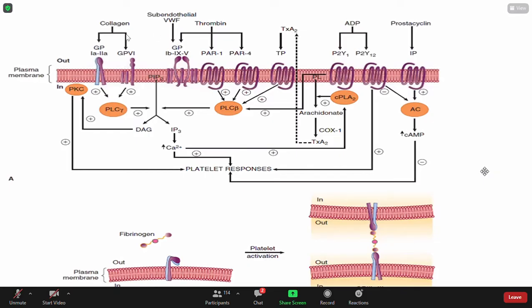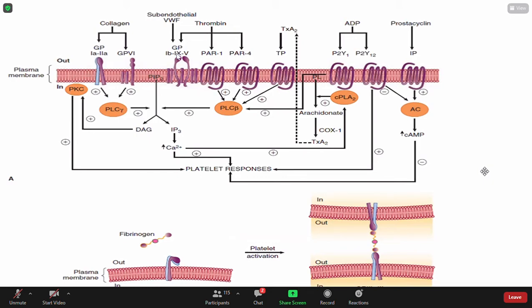Dapat kumabit pa siya dito sa glycoprotein 1B, 9, and V, pero makakakabit lang siya kung merong von Willebrand factor. Okay? Now, your thrombin, ang kanyang importance dyan is for your release reaction.